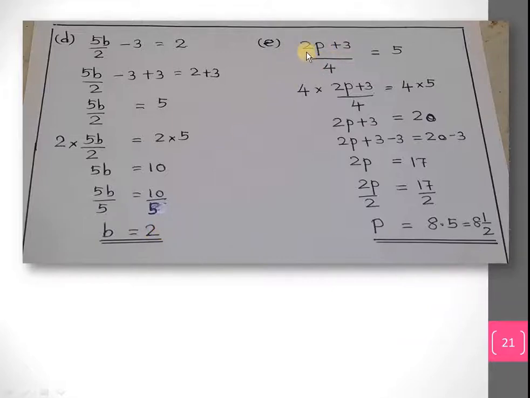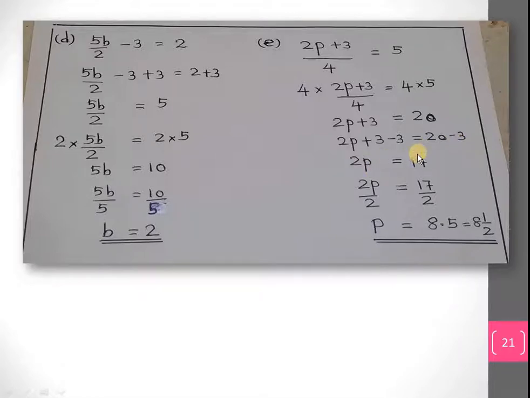Now see the next one: 2p plus 3 over 4 equals 5. Remove this 4, so multiply both sides by 4. Then this can be cancelled. Therefore the remaining terms are 2p plus 3 equals 20. Now remove this positive 3 by subtracting 3 from both sides.